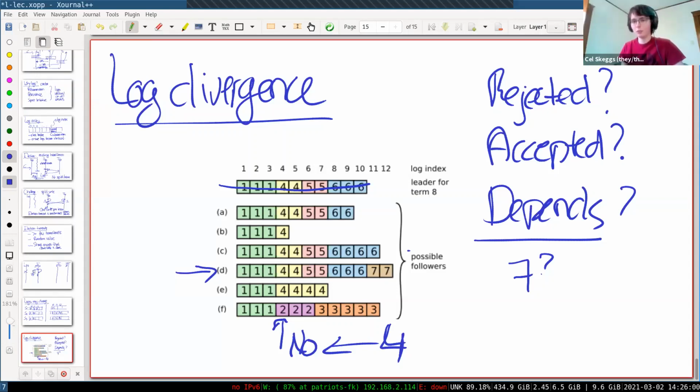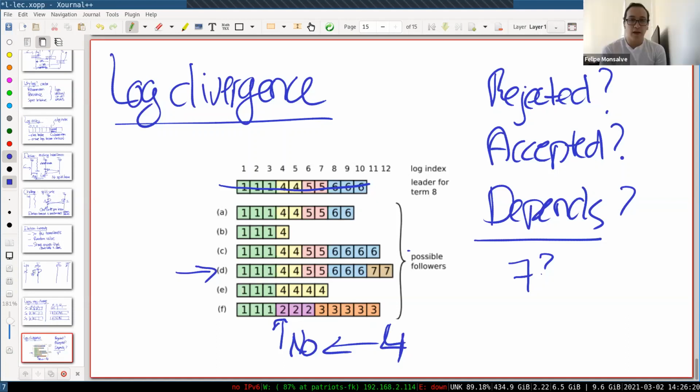Correct. So A could start term 8 and then get elected in term 8. Whatever D tells it doesn't matter, because if D's most recent term is 7, A won't go back to follower because it's a higher term than 7. Oh, I see. So it could be an arbitrarily high term.